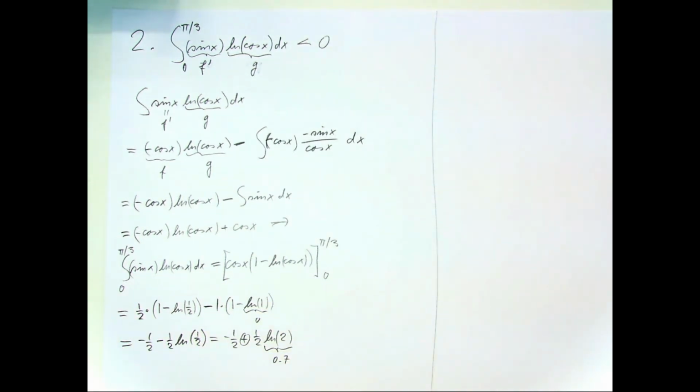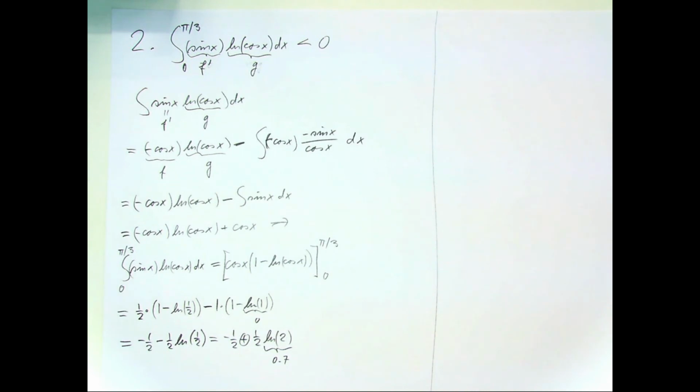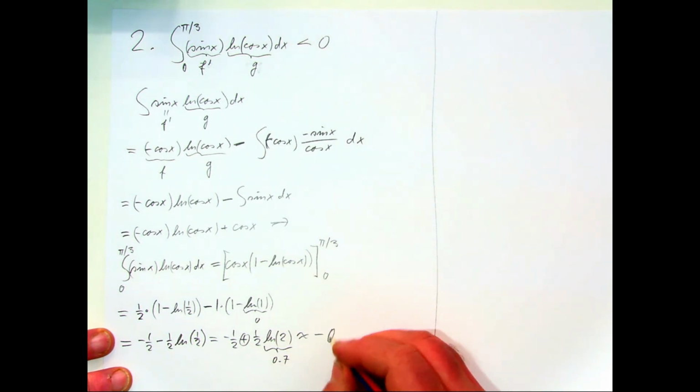That appears quite often. Yes? Minus 0.15. Yeah, this is exactly correct. This is minus 0.5 plus 0.35. So you get approximately minus 0.15.